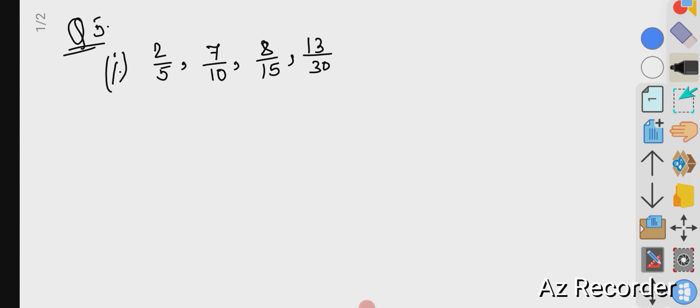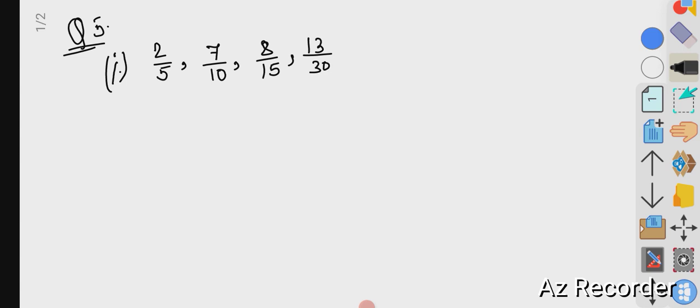Standard form of a rational number has two conditions. Those two conditions have to be satisfied by all the rational numbers. Then only you can proceed. If you don't do it, your answer will be incorrect.